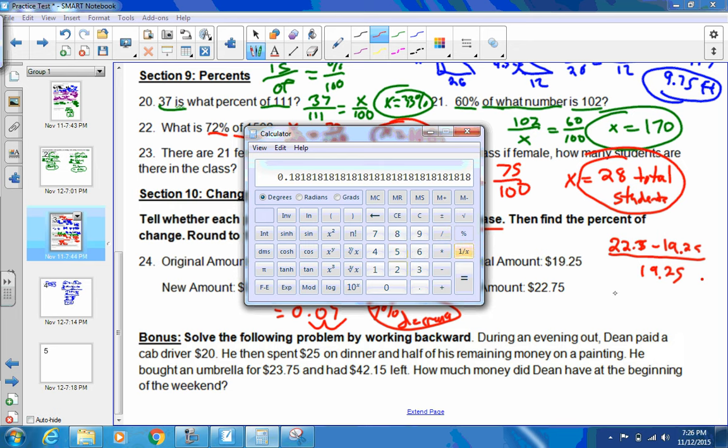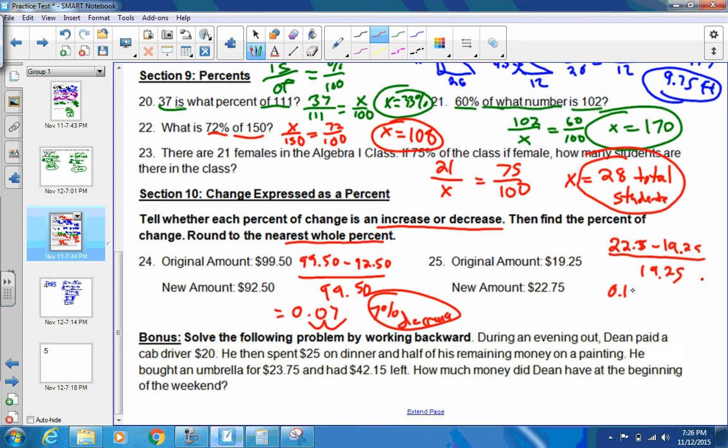So you get a 0.1818 repeated. So again, move that decimal 2 places to the right, and it's going to be 18, rounded to 18%. It goes up, so it's an increase.